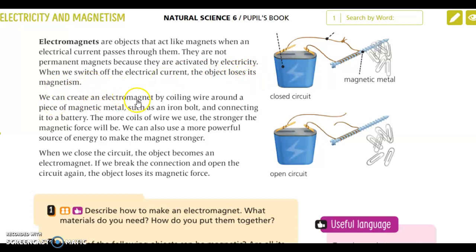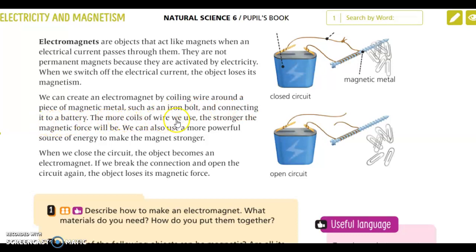We can create an electromagnet by coiling wire around a piece of magnetic metal, for example, this, or the objects and materials that we said before, such as an iron bolt, and connecting it to a battery.